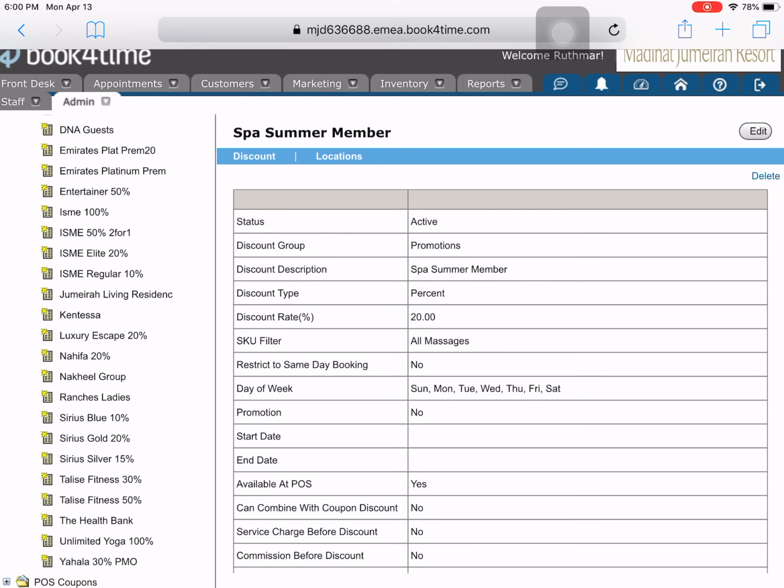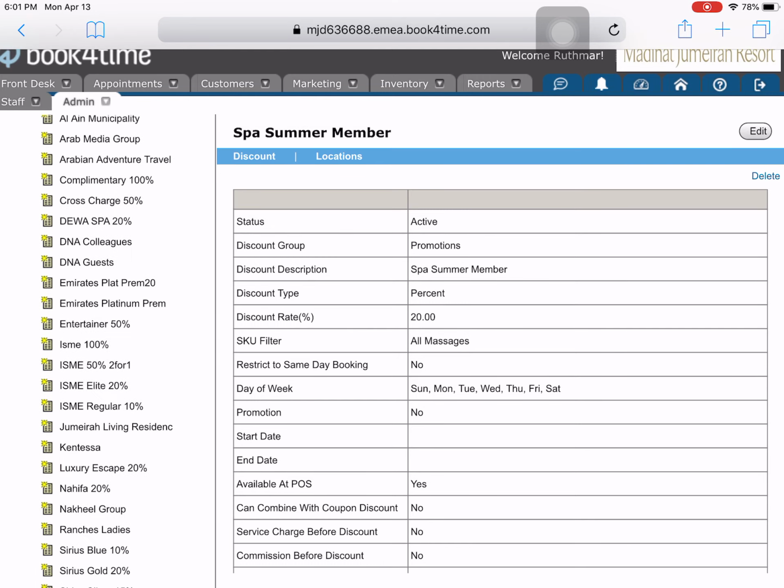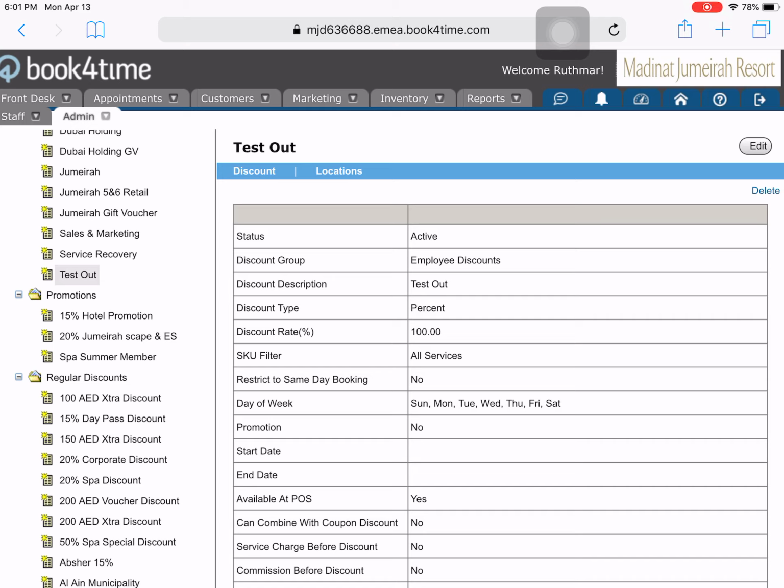Anyway, if there will be a test out for such a situation, I think you will find it somewhere when you're posting it. Here we go. So that's test out. If there's a test out, we can immediately put a discount reason test out, and we will also need to settle it as comp management.